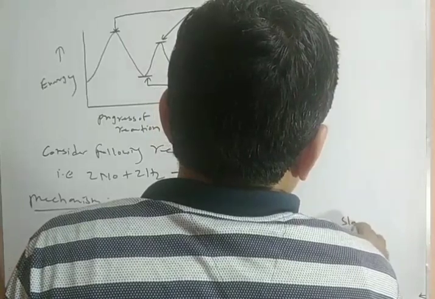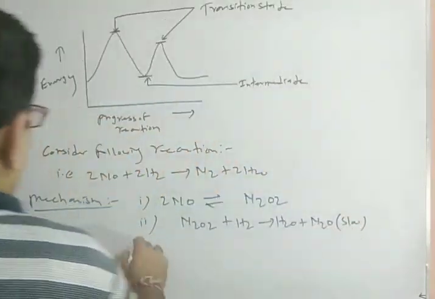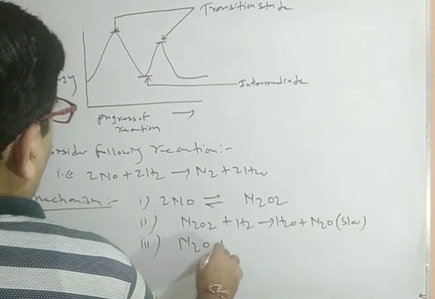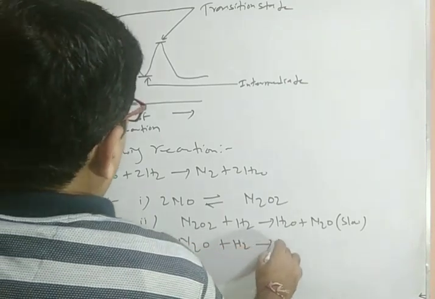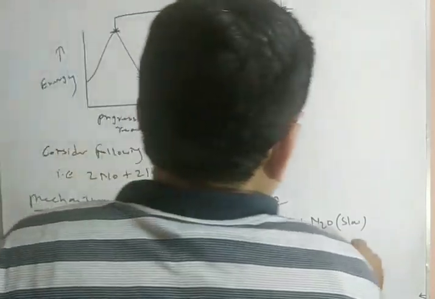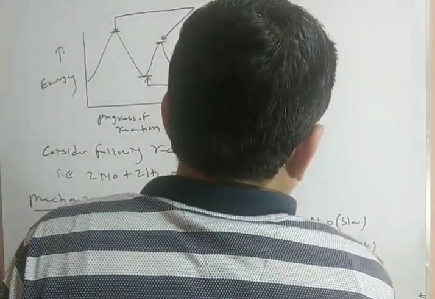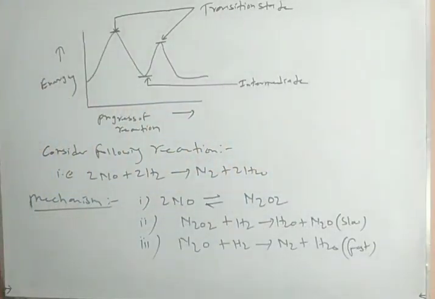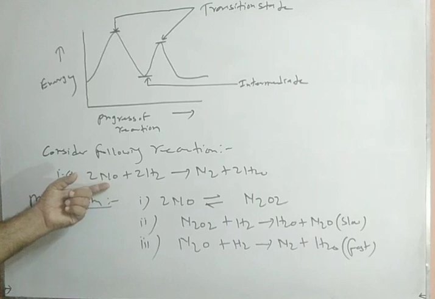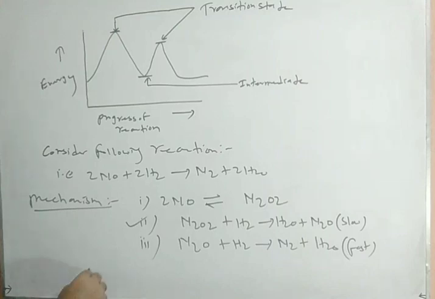Suppose this is said to be slow step. And the third one, N2O plus S2 gives N2 plus water. Suppose it is said to be fast step. If we added such equations, then our original equation become obtained.